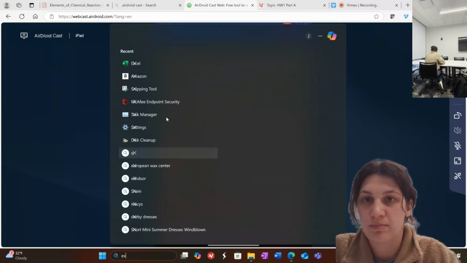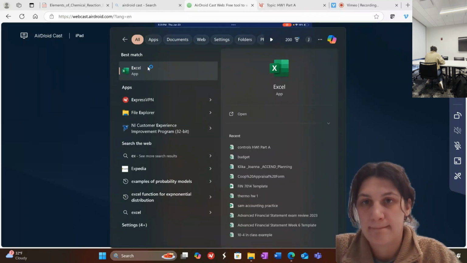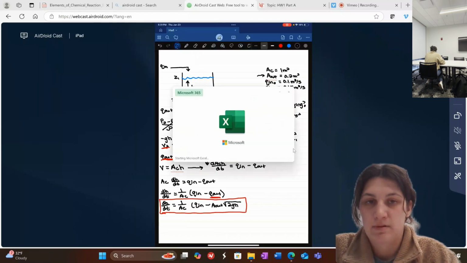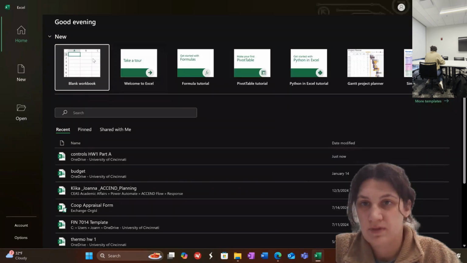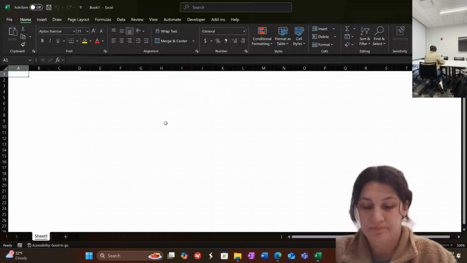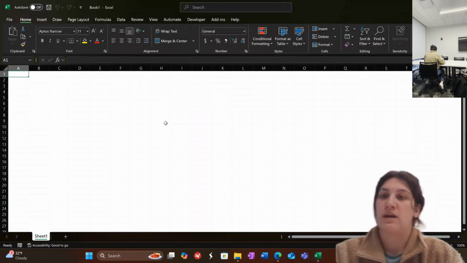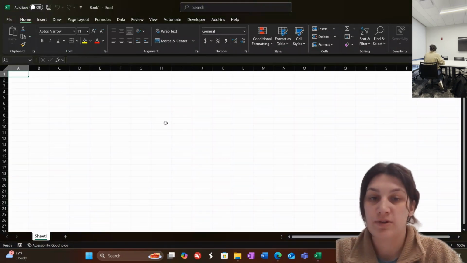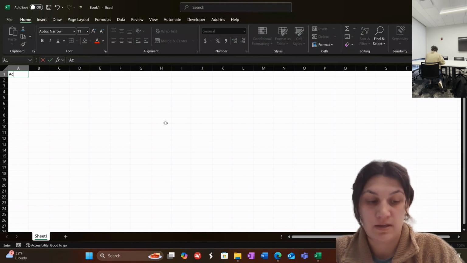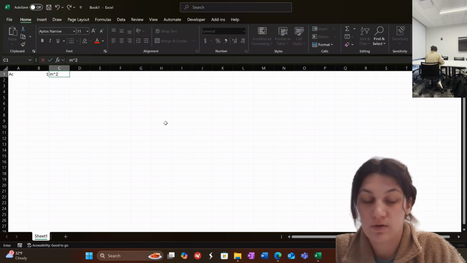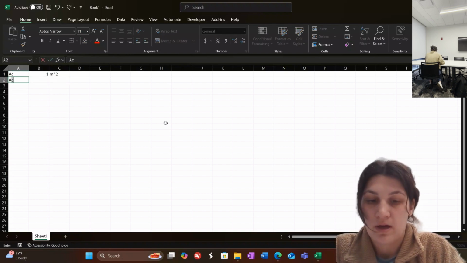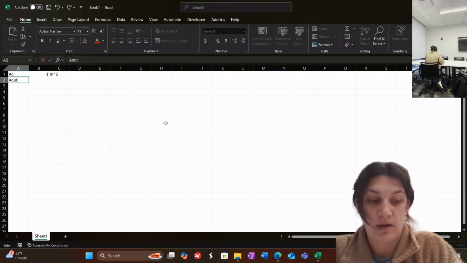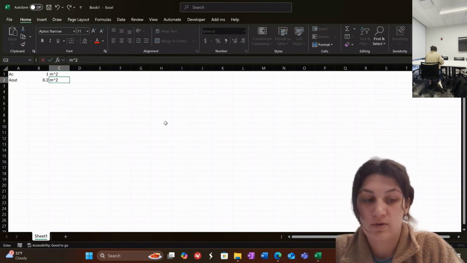Excel, hold up. Workbook, and here we can enter our parameters. AC is equal to 1 meter squared. Outlet area is 0.2 meters squared.